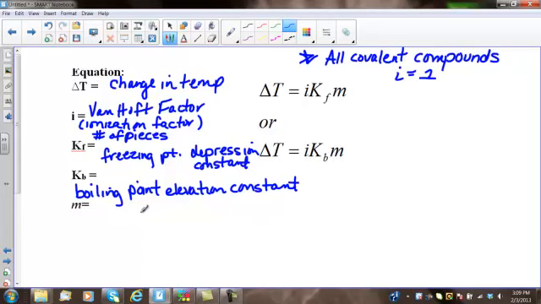And m is molality, which we already learned was basically moles over kilograms.